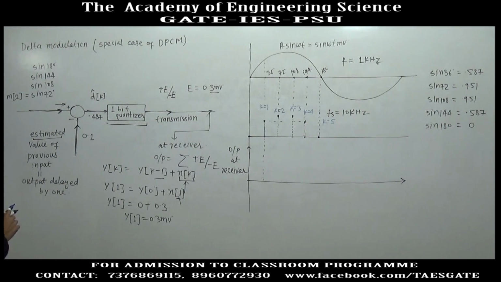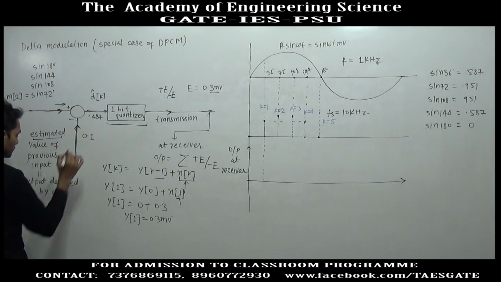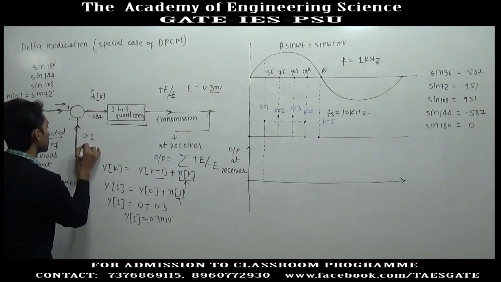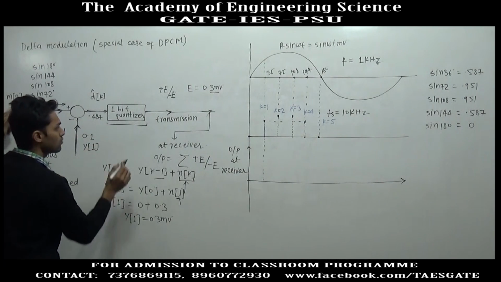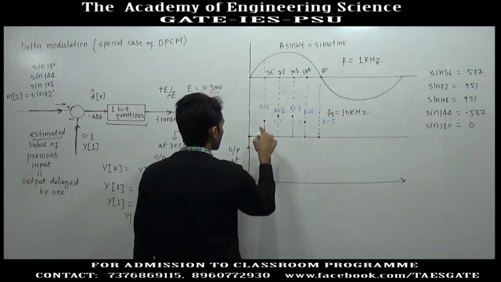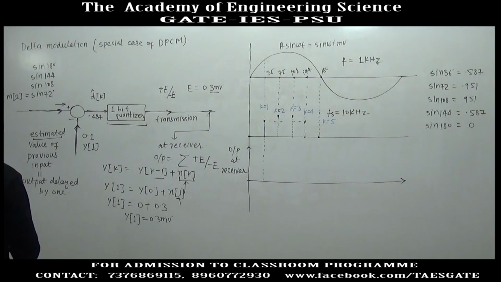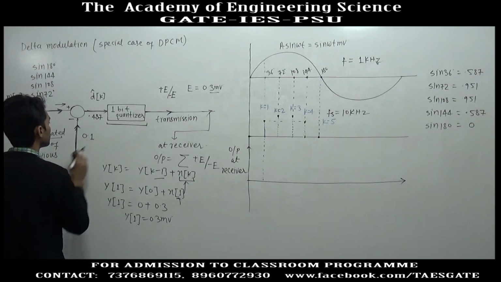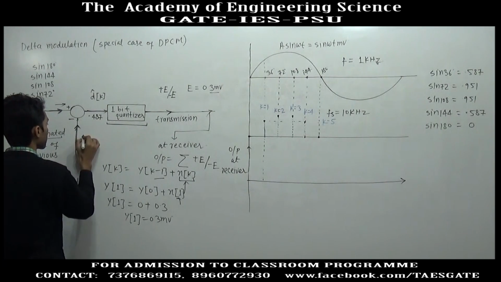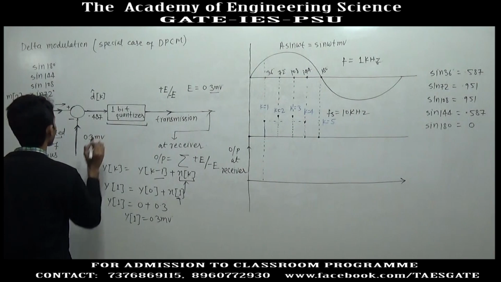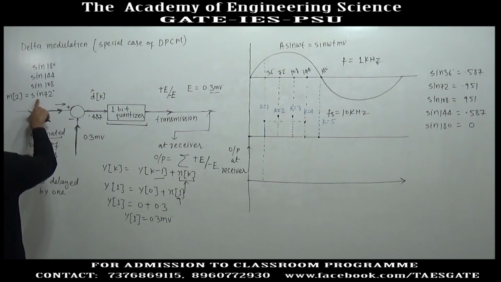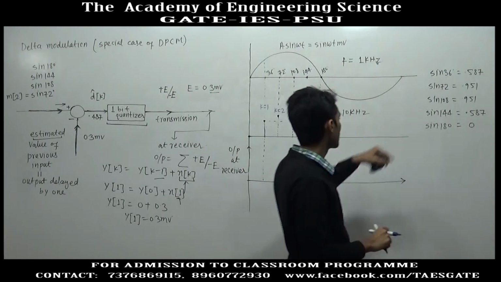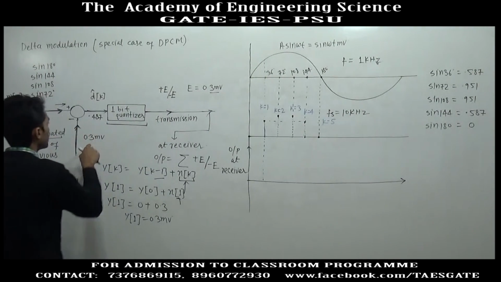Here we will have the output delayed by 1, so here we will have y1, and the value of y1 is equal to 0.3 millivolt. Now the next input is sin 72 degree. Sin 72 degree is 0.951, and this is 0.3 millivolt.